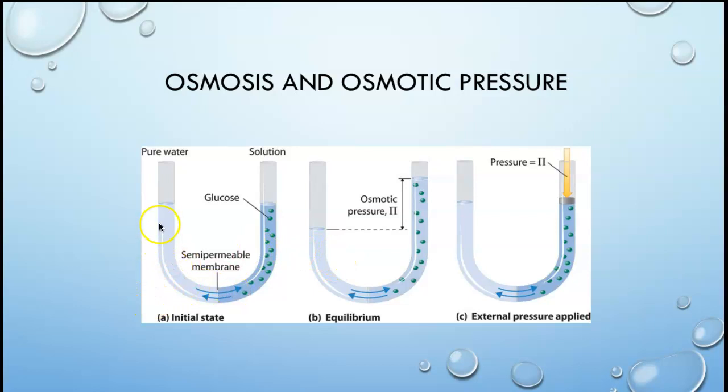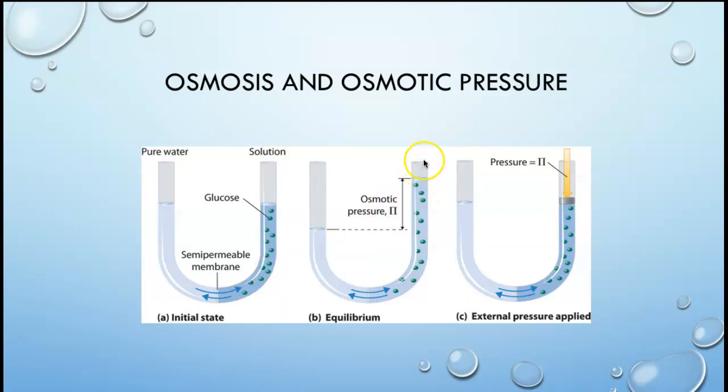If you look at a U-shaped tube and you put a solution on one side and pure solvent like water on the other, again, the water wants to try to even out the concentration. So it's going to flow from pure water into the glucose solution, and it's going to make it more dilute. Now it's still going both ways, but initially it's going to flow in more, going from left to right, from pure solvent into solution.